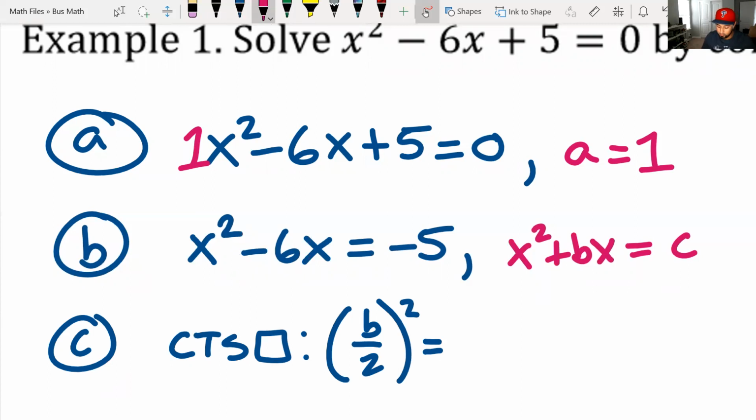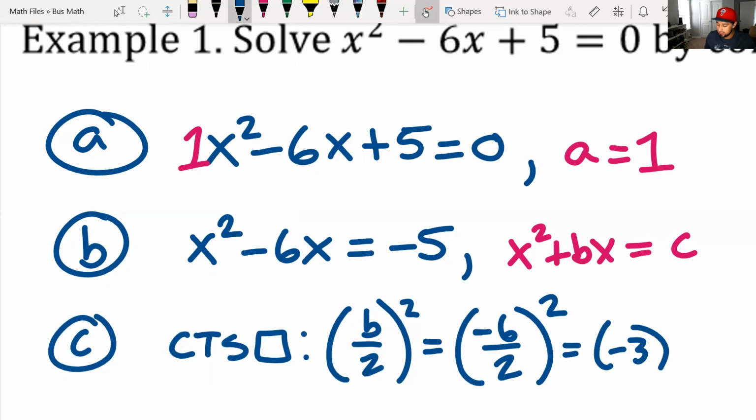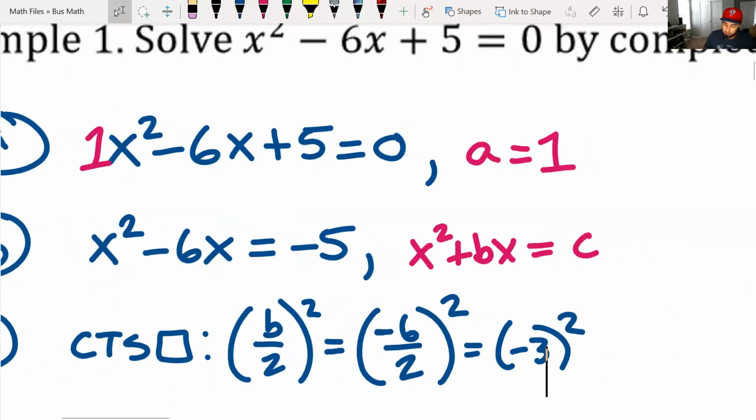So that's what we will plug in for b. This will become negative 6 over 2 squared, which gives me negative 3 squared, which will give me 9.